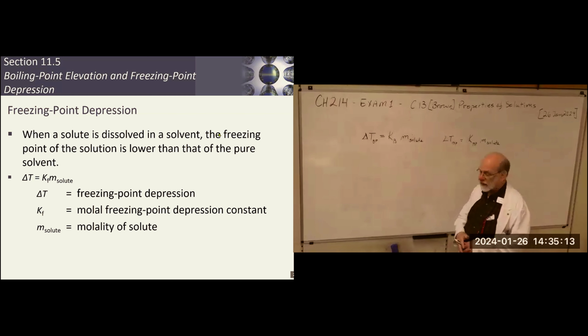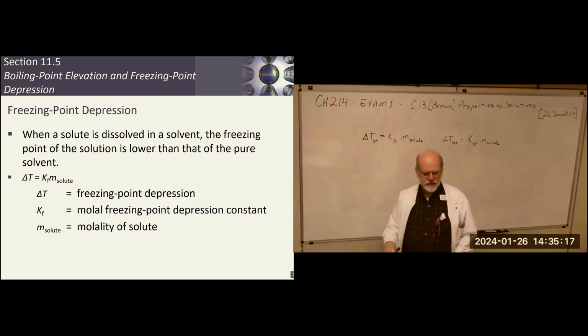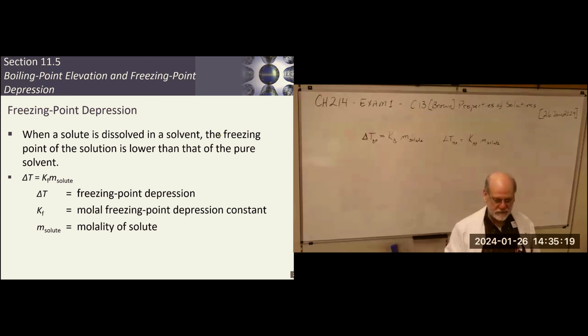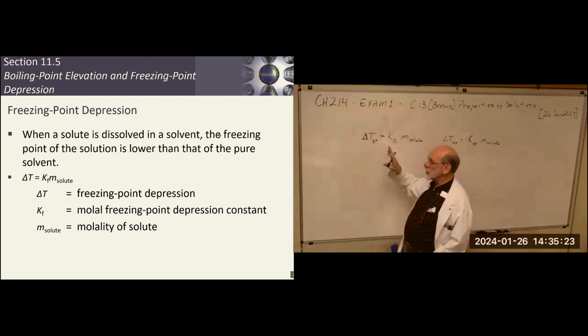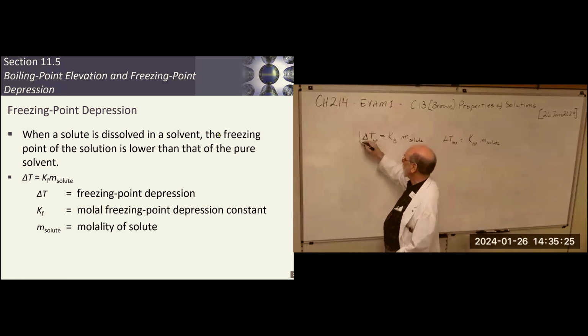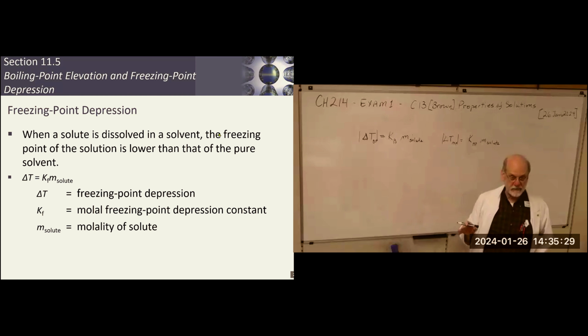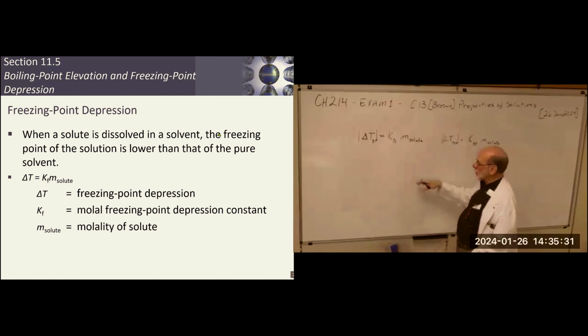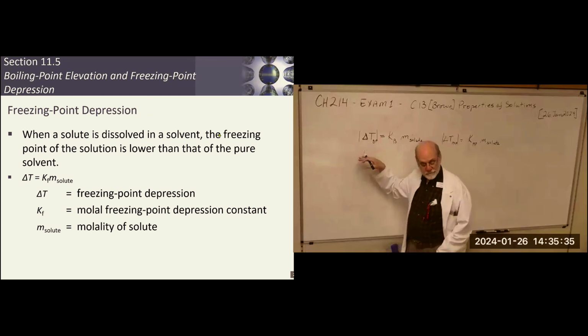Freezing point depression. Now, up to this point, I've been a real stickler about the sign, like final versus initial, and you have a sign. In this case, you just need the absolute value. What is the difference in the temperature? You don't care about the sign. You know that with the boiling point, the final temperature is going to be higher than the initial.